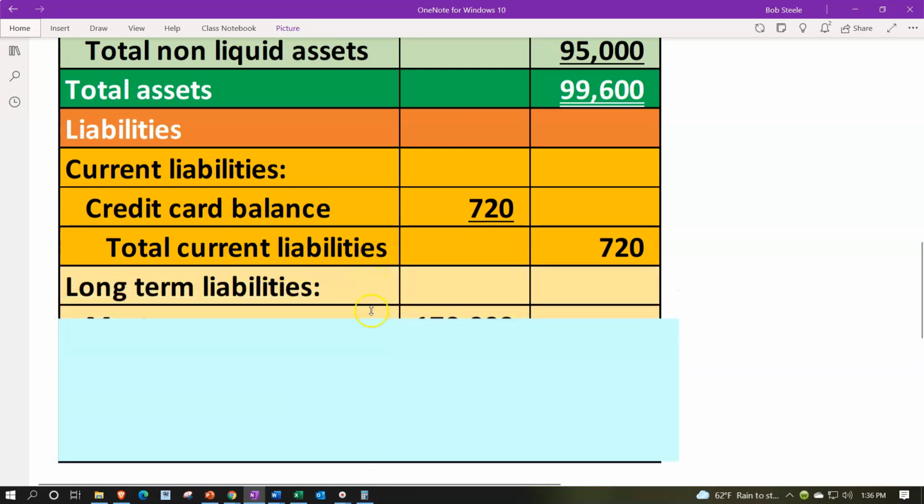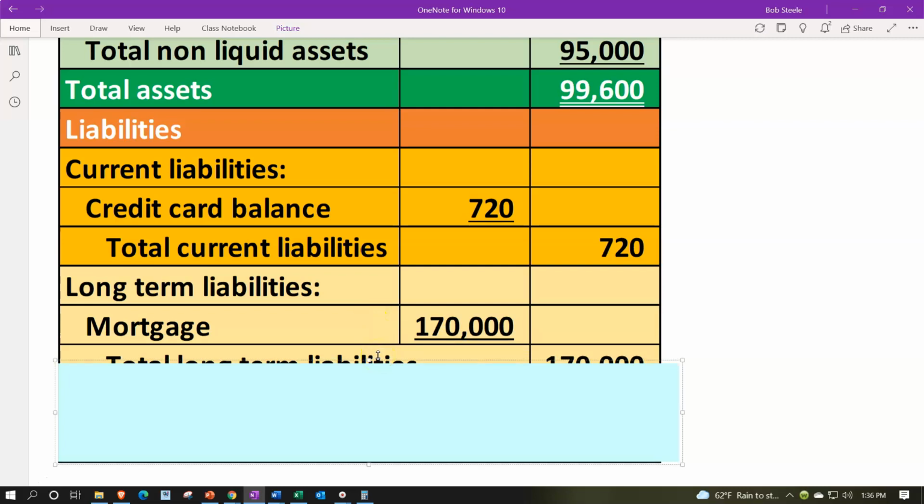Okay, so long-term liabilities, we have the mortgage here. Remember, the mortgage is something that usually is paid monthly. So clearly it will be long-term, but you still got that short-term portion to it.